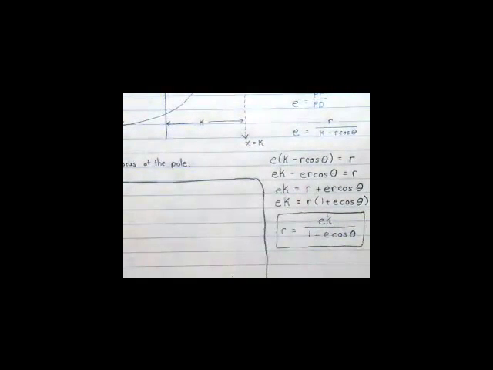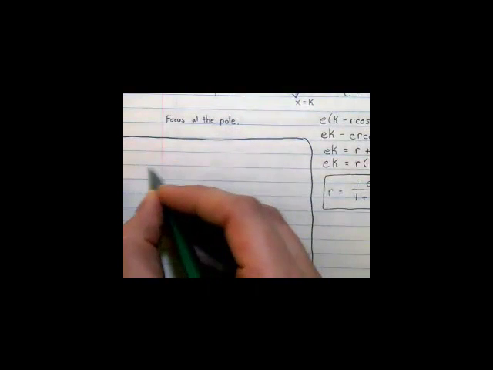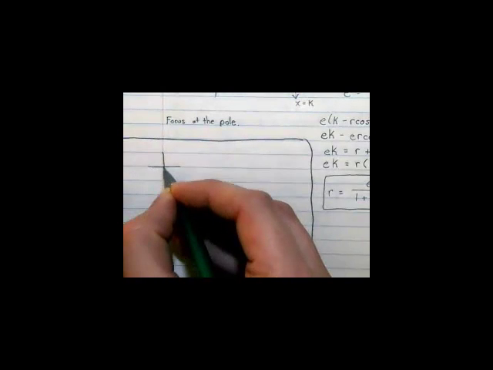So to take the entire graph and turn it would not be the same thing as changing the number of theta, because theta is still just theta in the equation. But if you add to theta, like r equals ek all over 1 plus e cosine of theta plus 90, or theta plus pi. I hear what you're saying. You do some kind of plus or minus something to the theta, just like adding or subtracting 2x in regular rectangular. No, I hear you. Yeah, we could do something like that. Maybe try it out and see what happens. It'd actually be really easy.